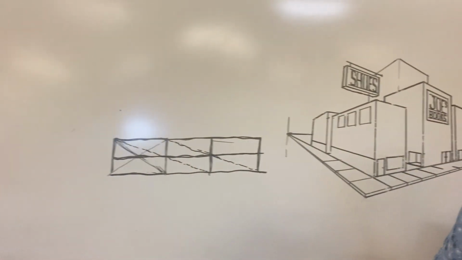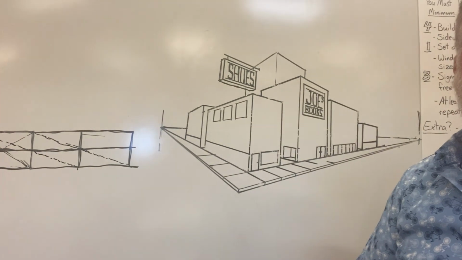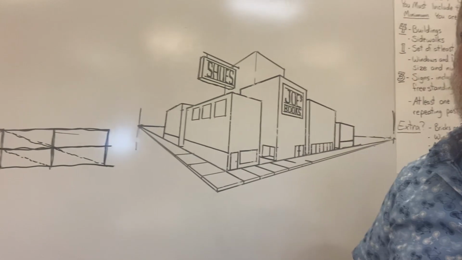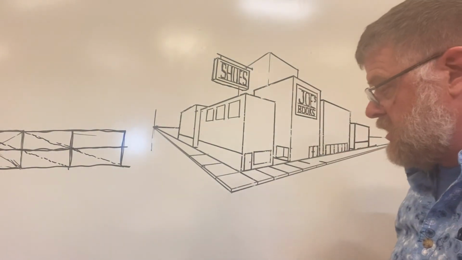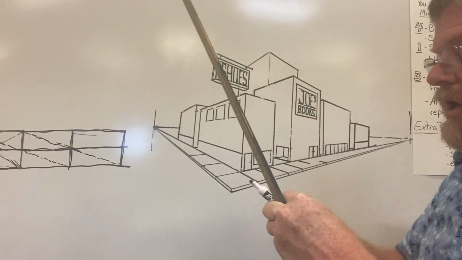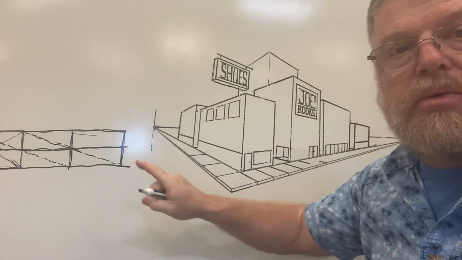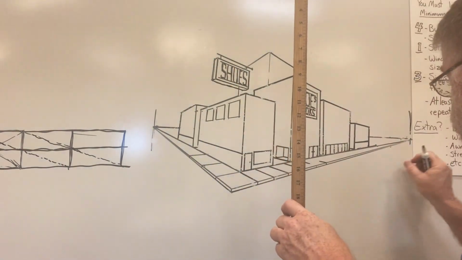So let's go over here to our drawing, and let's make a row of fence posts in perspective. I'm going to take my straight edge and do exactly what I did over here, only I'm going to draw it in perspective.